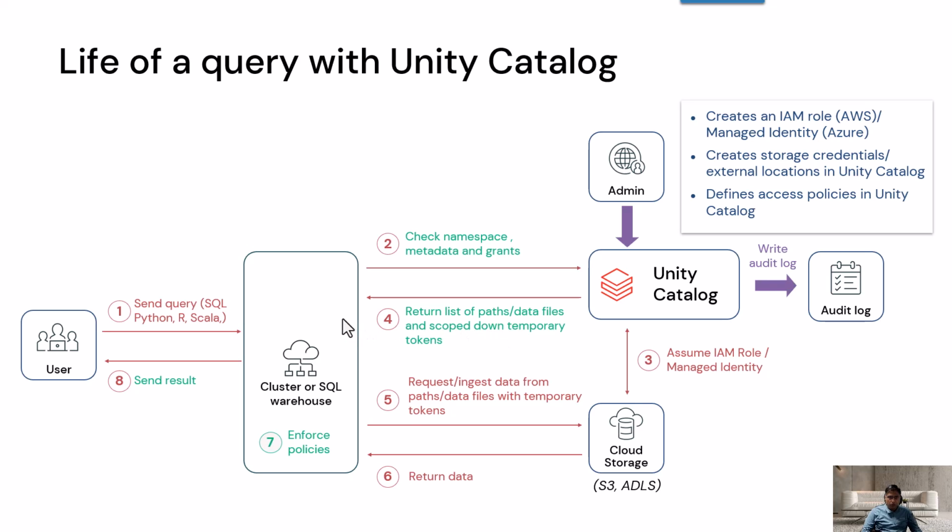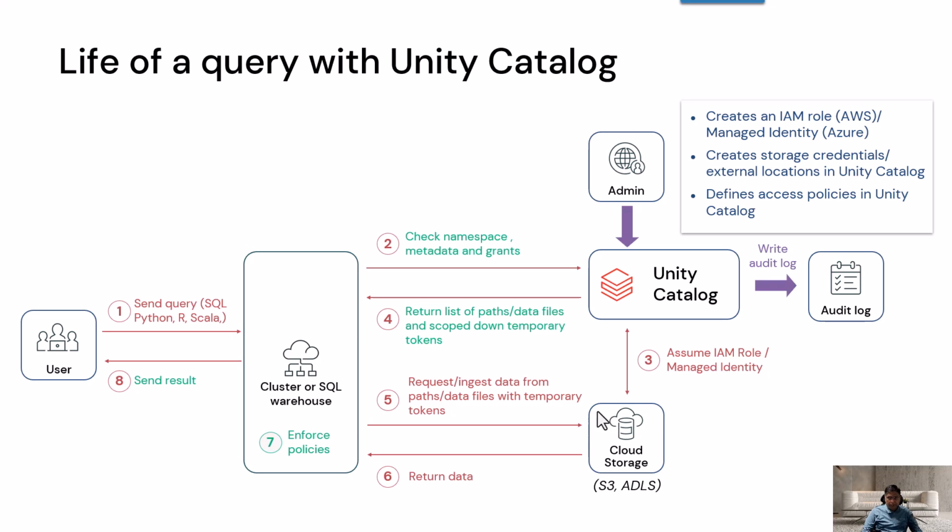Then once that temporary token is given, it goes to the cluster or SQL warehouse, and the SQL warehouse sends this request for the data from the path which is given to it, or path or data files, with a temporary token. So it grants a temporary token and it sends it to the cloud storage.